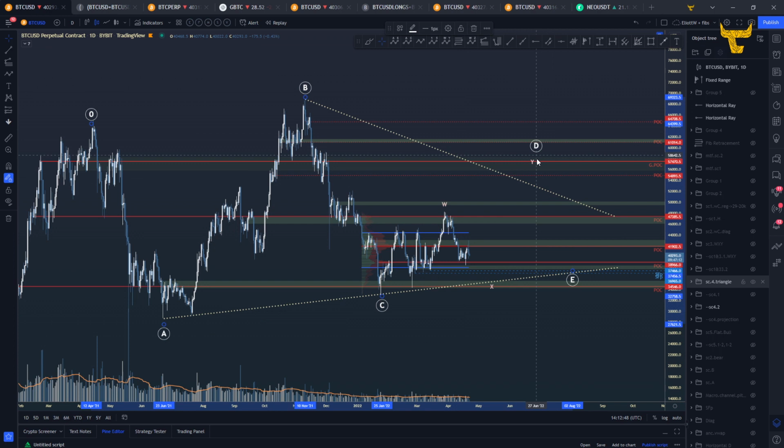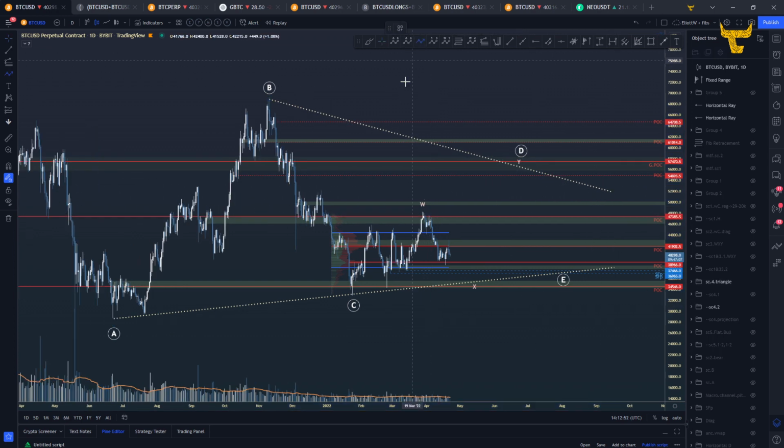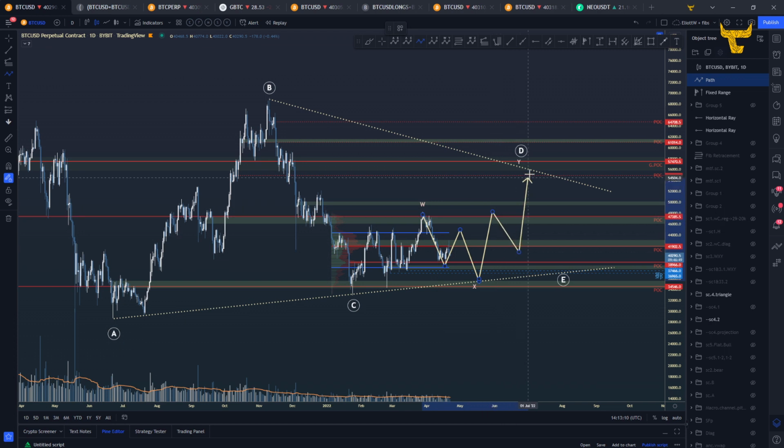Alternatively, a WXY, simply. Just here we count WXY for the W. The same way we need to have a corrective move to finish X, and then we'll have again a corrective move to finish Y.